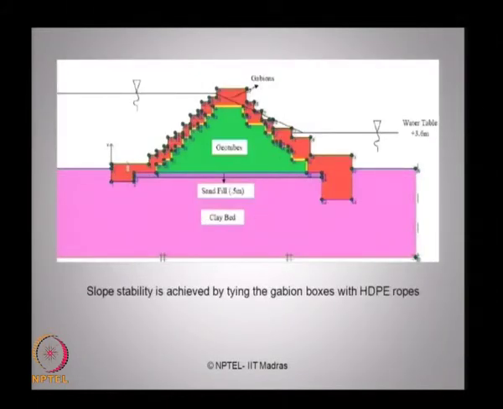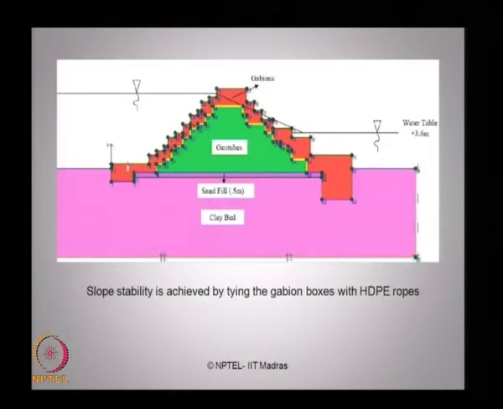If you look at the interesting component of holding down the gabion boxes in position, you will see that the slope stability of the land side as well as the sea side is achieved by tying these gabion boxes, which are staggered alternatively, using high density polyethylene ropes, and therefore they are placed in position.